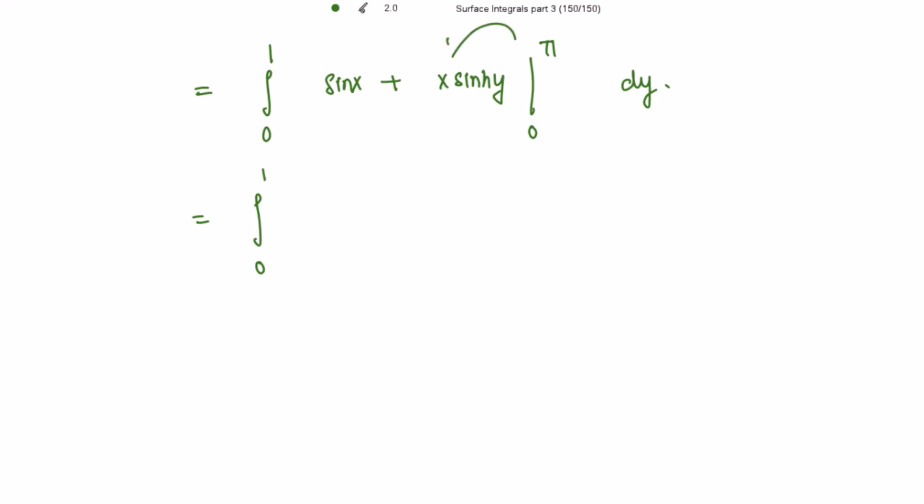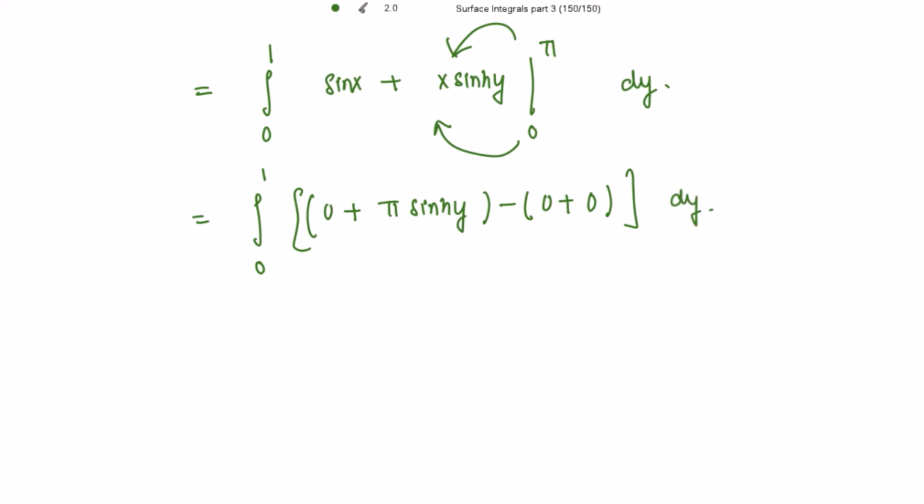Putting the upper limit on x, sin pi is 0, plus pi sinh y, minus the lower limit, which gives 0. So the integrand now is pi sinh y dy.